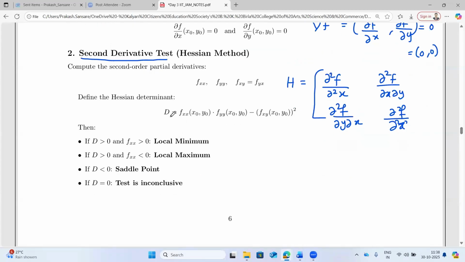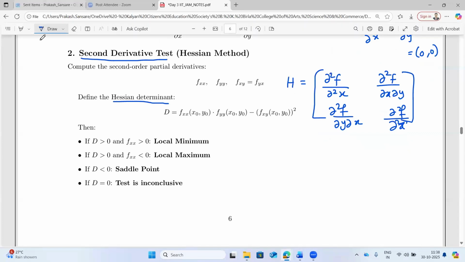Right. So now you find the Hessian matrix at x naught comma y naught. It's a determinant, so define the Hessian determinant. It is basically the determinant of this matrix.